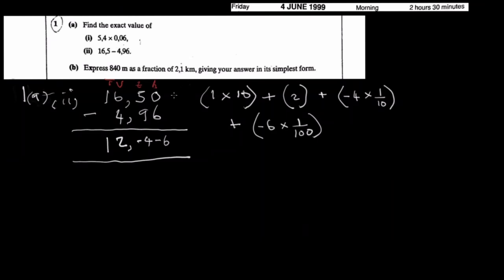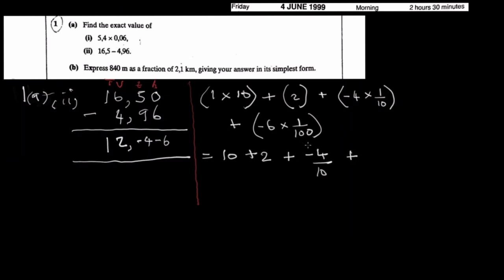So this will then be, what is 1 times 10? That's 10 plus 2 plus, here we have minus 4 over 10, right?